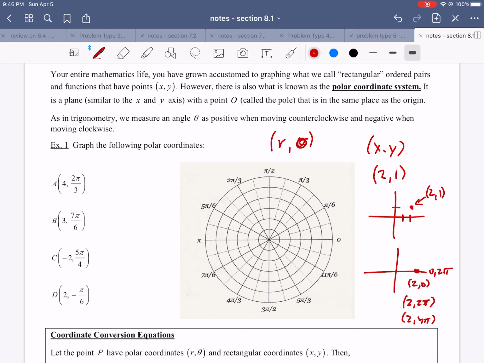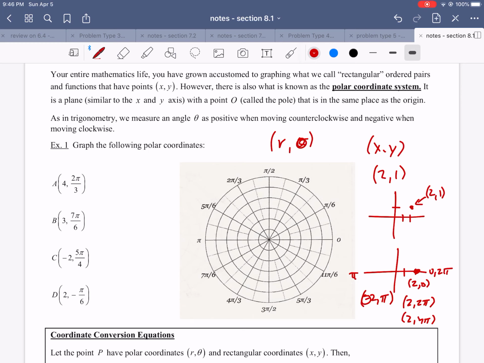I could also call it negative 2 and pi, because whenever I have a negative radius, what that basically tells me is to go to the angle, which would be over here at pi, and instead of going towards pi, the negative in that radius tells me to go the other direction, which would put me right there at that same point.